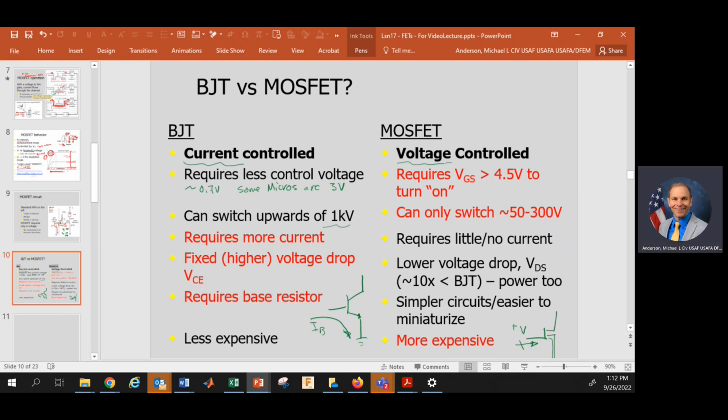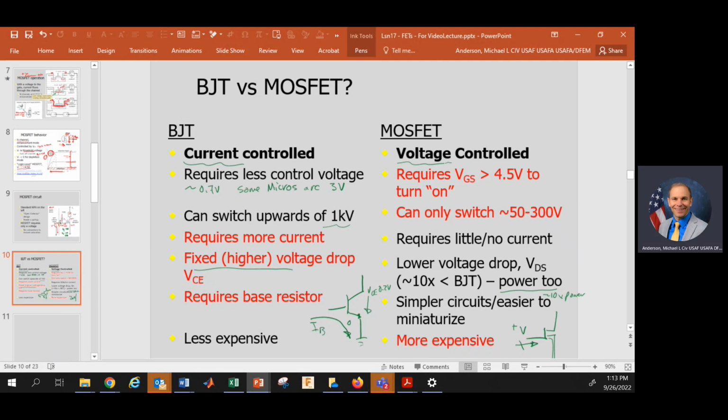The other thing about a BJT is that it has a fixed voltage drop, usually a VCE of 0.2. A MOSFET has a voltage drop, but it's much lower. VDS is usually about 10 times less than a BJT, and it consumes about 10 times less power too. So it's more efficient.